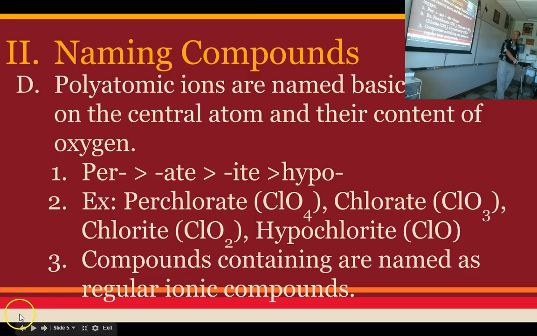Okay, it's a little bit more polyatomic ions. So these are the covalently bound molecules. They are covalent, but they as a molecule have a charge. And we talked about these when we were drawing Lewis structures and drawing structural formulas.